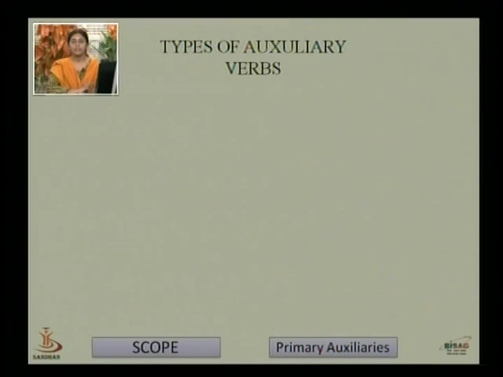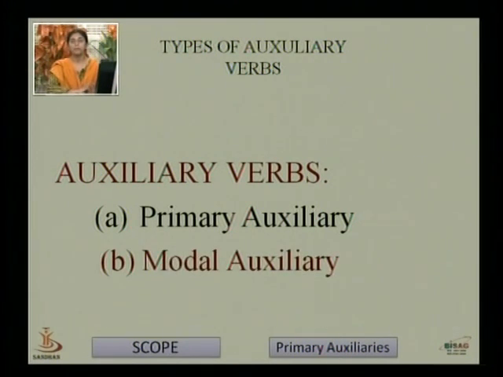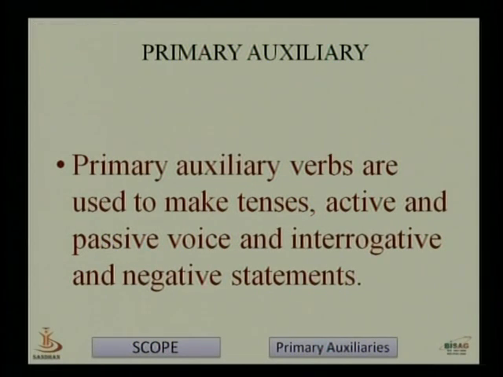To move further, we shall now see the types of auxiliary verbs. There are mainly two types of auxiliary verbs. A. Primary auxiliary and B. Modal auxiliary. In today's session, we are going to learn primary auxiliary verbs only.